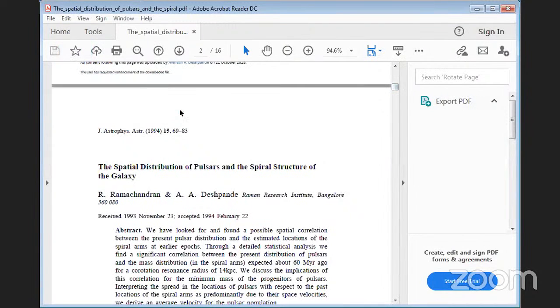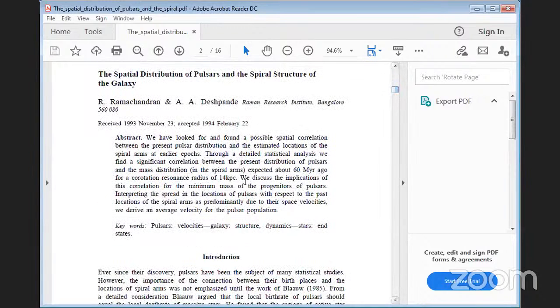All right. So this is a study of the spatial distribution of pulsars in the galaxy and how that relates to the spiral structure of the galaxy. The progenitors of neutron stars, which many of them will be seen as pulsars, are massive stars. They're born in the galactic disk, and they will also be preferentially born in the spiral arms at the time of their birth.